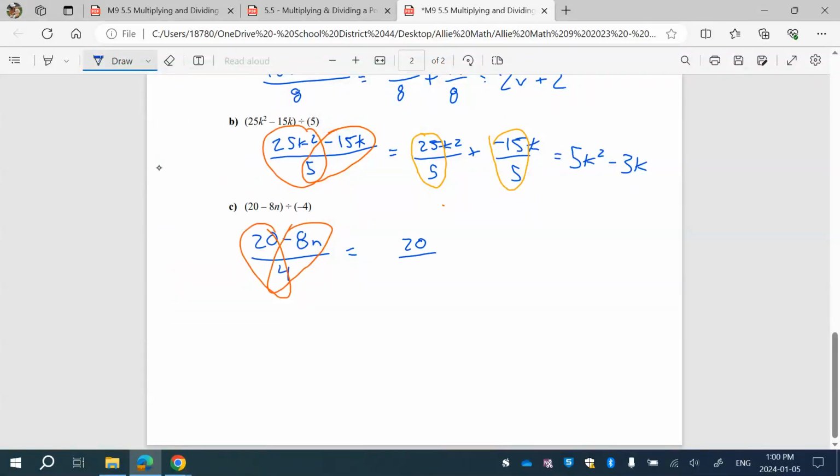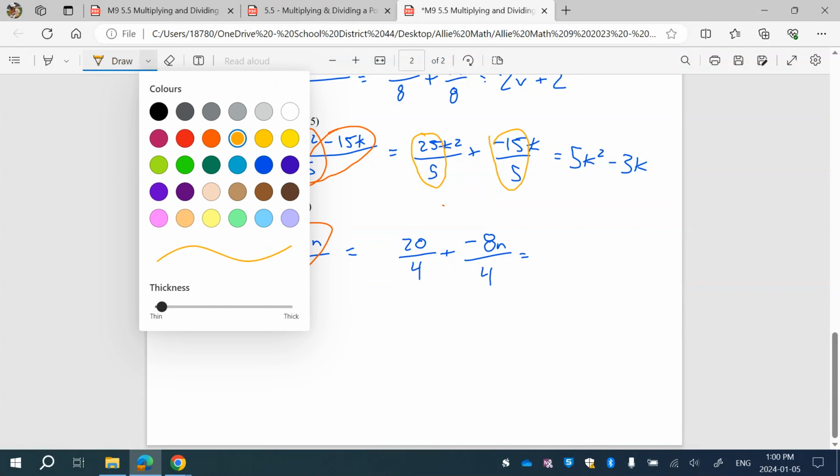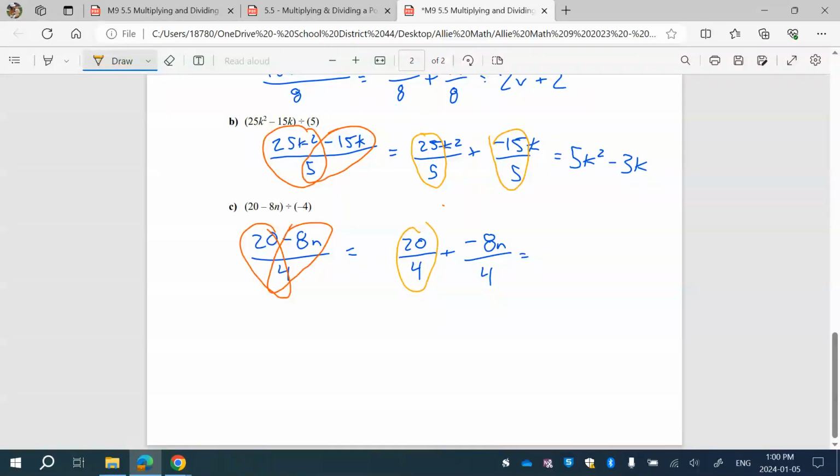So 20 divided by 4 plus negative 8n divided by 4. And now we just need to reduce each of our fractions. So 20 divided by 4 and negative 8 divided by 4. So we can show that as 20 divided by 4 is 5. And that's going to be negative 2, so subtract 2n.